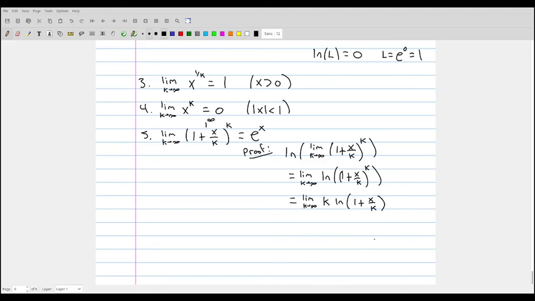And for any value of x, this is another indeterminate form. Specifically, k is going to infinity, and 1 plus x over k goes to 1, so the natural log goes to 0. So this is an indeterminate form of the form infinity times 0.